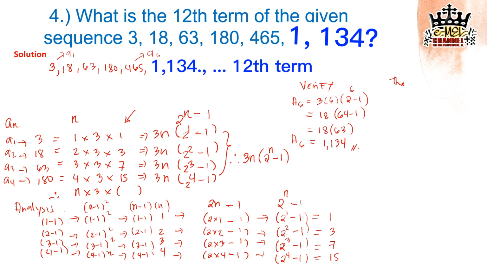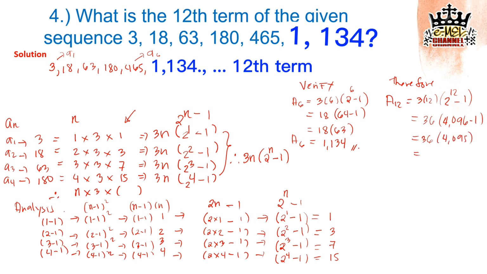Therefore, if we're asked to solve for the 12th term, we have 3 times 12, which is 36, times 2 to the power of 12 minus 1. 2 to the power of 12 is 4096. 4096 minus 1 is 4095.